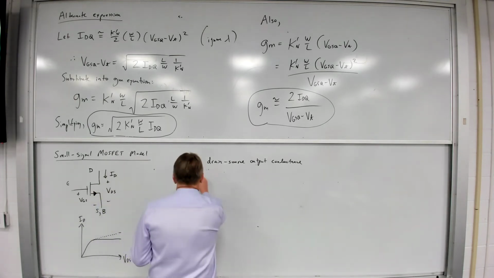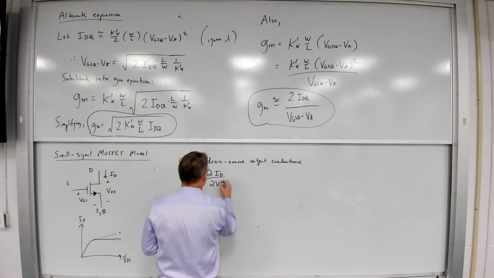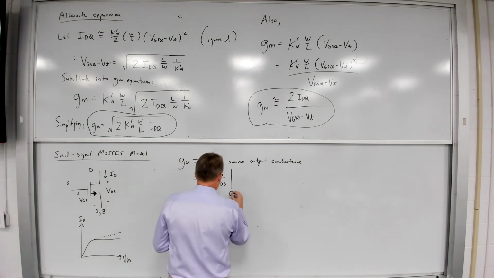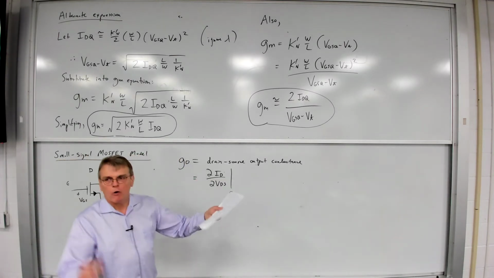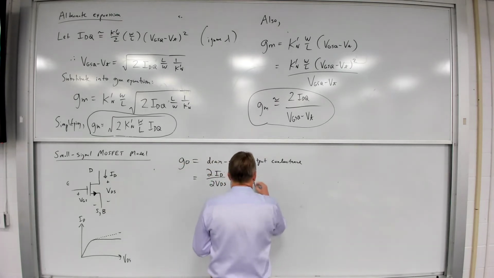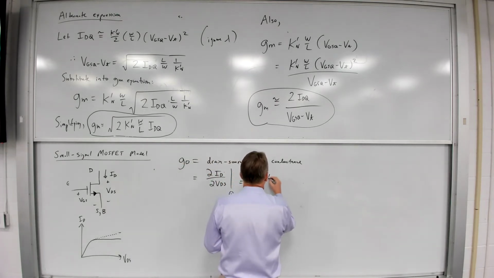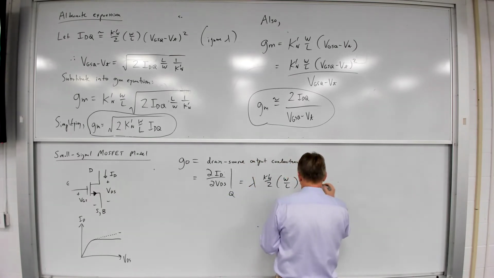So of course this comes down to the partial derivative of drain current with respect to VDS at some Q point. And once again, if we start with our original drain current equation, we're going to get lambda times K prime N over 2 times W over L times VGS minus VT squared.